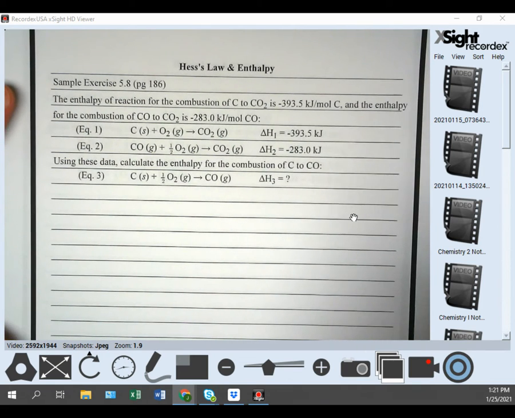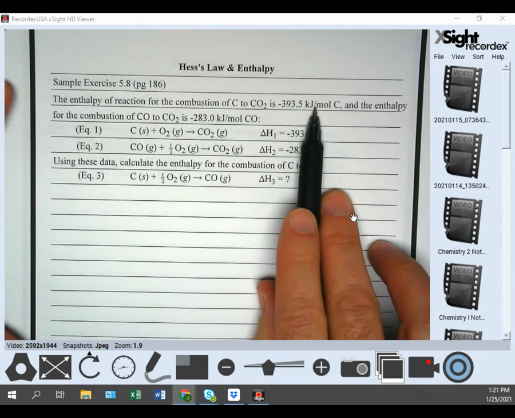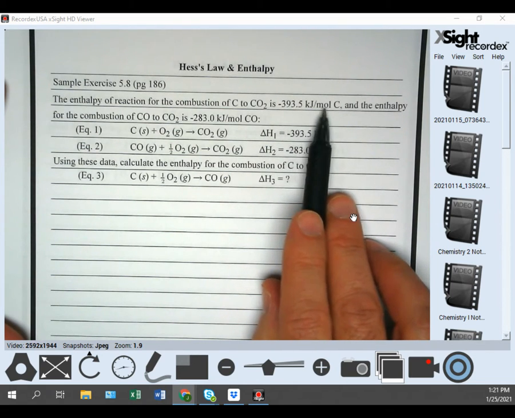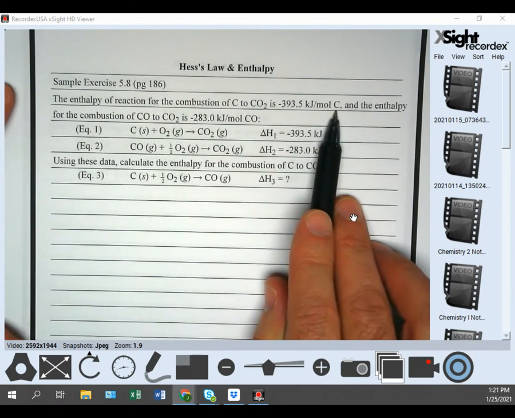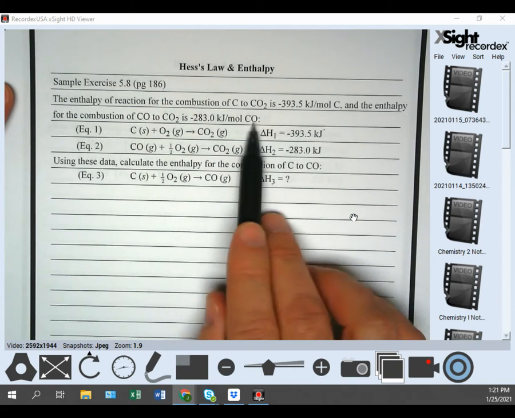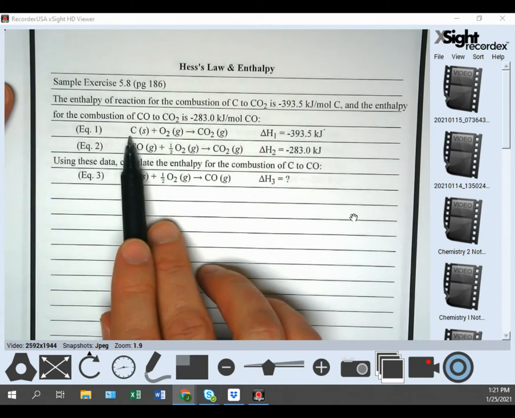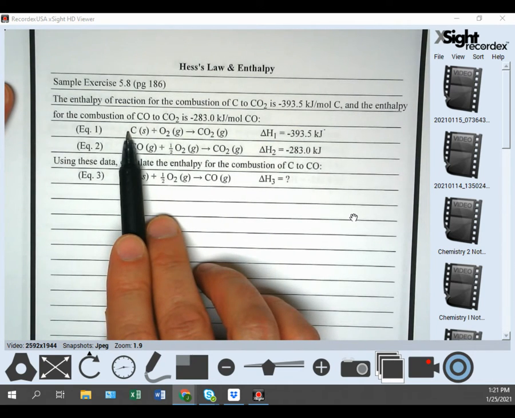Okay. Now, notice this. Negative 393.5 kilojoules per mole of carbon, right? So delta H, negative 393.5 kilojoules per 1 mole of carbon. Remember, in a balanced equation, the coefficients represent the number of moles.